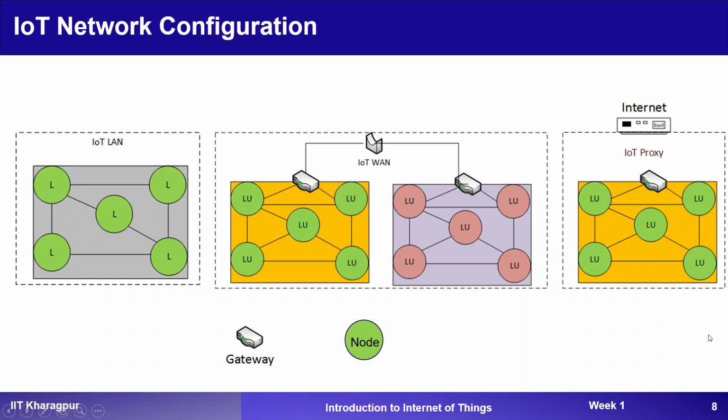Now the third is your IoT proxy. An IoT proxy is a device between your IoT network and the internet. It helps in managing the IoT network by managing the flow of messages between the internet and your IoT devices.